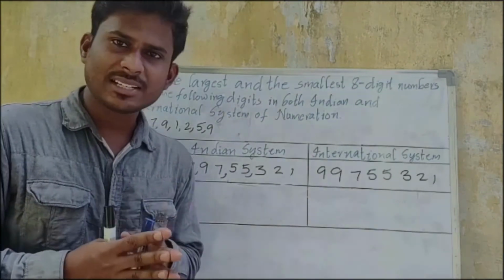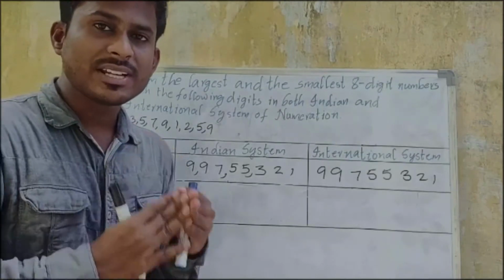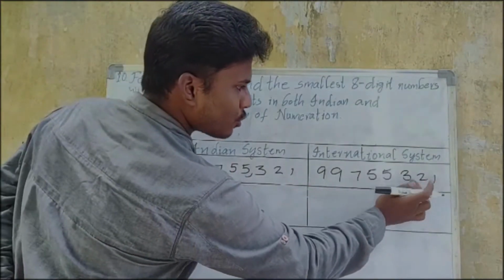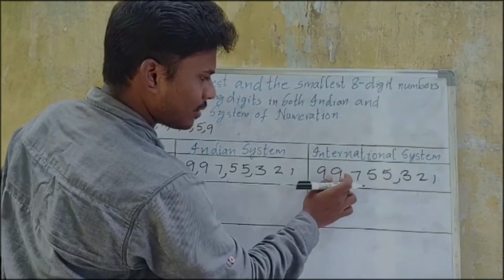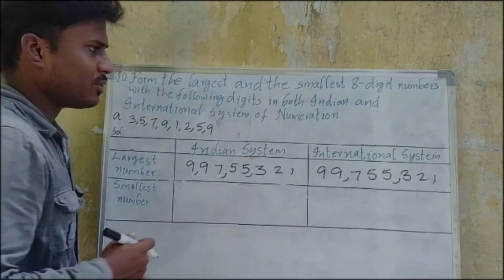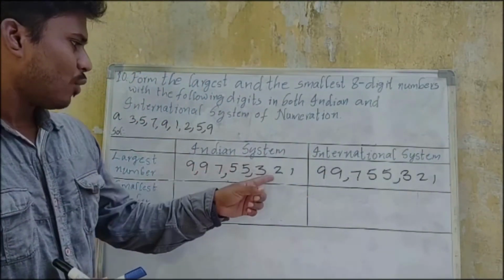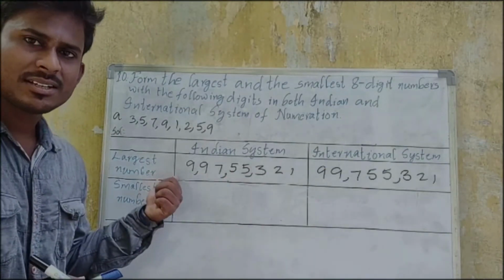If you go for the international system, each period has 3 places. So we have to insert commas after every 3 digits from the right hand side. 1 2 3, then 1 2 3. So 1 2 3 is completed here. Let us read the number like this. So ones period, thousands period, lakhs period, and this is the crores period.